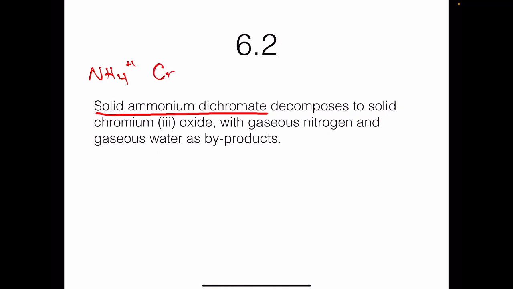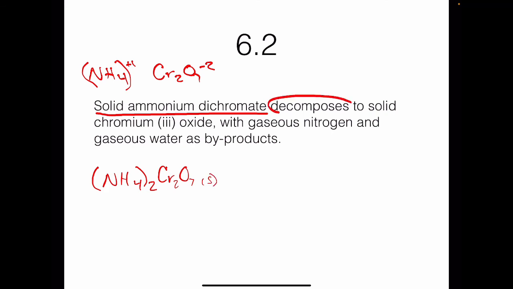This is Cr2O7 -2. So when we put this together in a formula, I want to put parentheses around the polyatomic cation this time. So we have NH4 with a 2 on the outside, Cr2O7, and they told us this was solid.